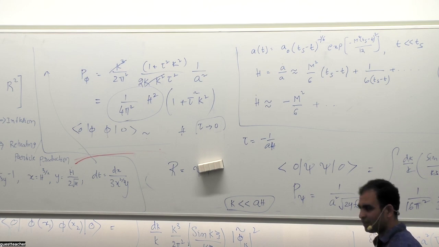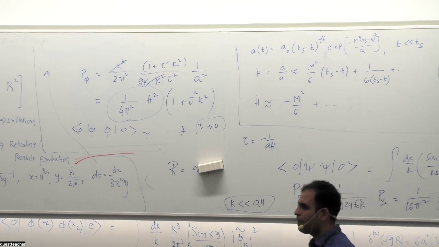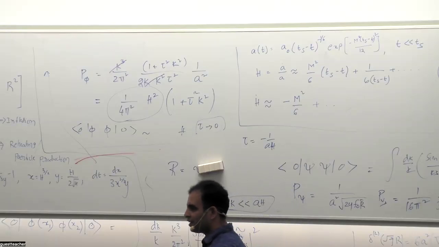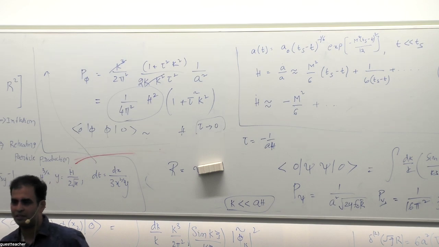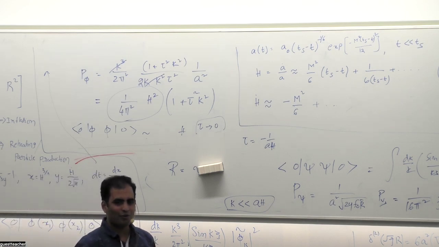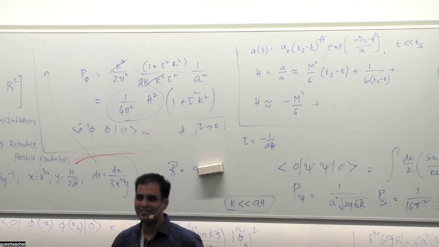Once the modes exit, they become classical. Because it is classical, you get an amplitude which is approximately constant. Does that mean the quantum nature is gone?